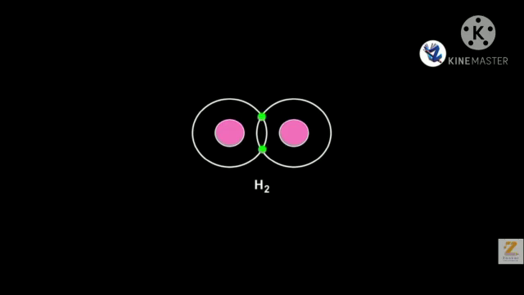The chemical bond formed by sharing of valence electrons of 2 atoms with each other is called a covalent bond. One covalent bond is formed by sharing of 2 valence electrons. A covalent bond between 2 atoms is represented by a dash joining their symbols.